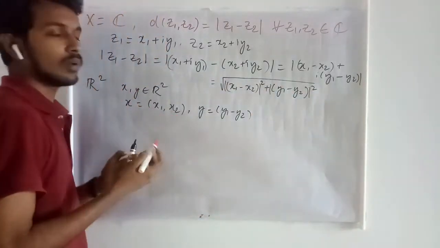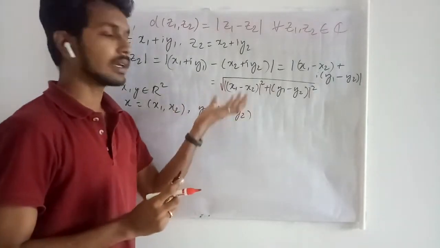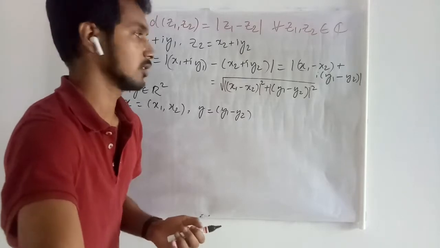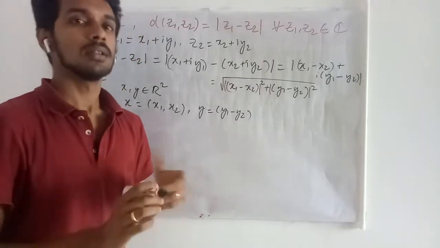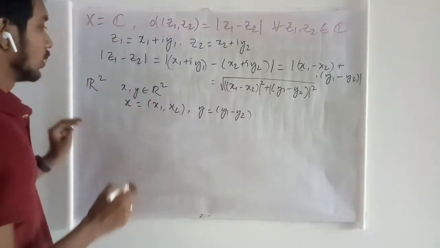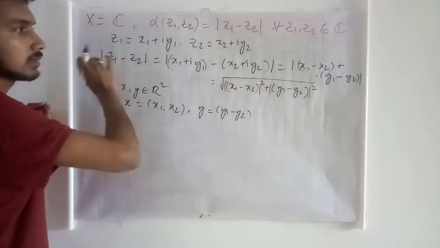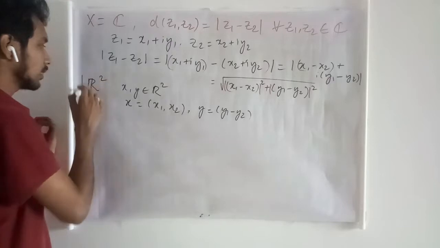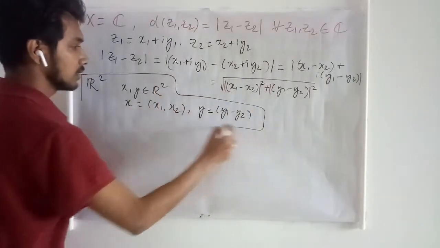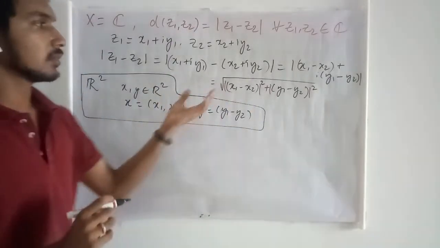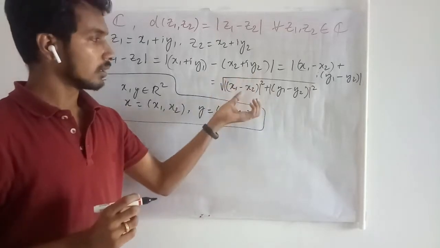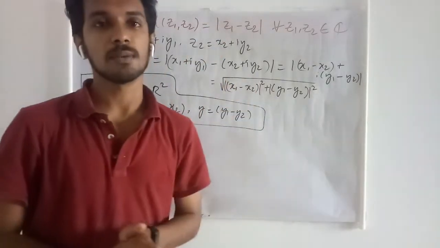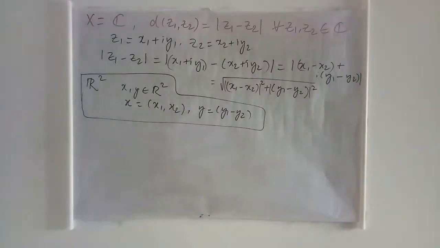But does it matter whether we have the absolute sign or not? Because we are taking the square of the distance, it is going to be the same. Since this is coming to this form, using the same idea that we proved for that case, we can say this is also a metric, and with this metric the set of all complex numbers forms a metric space.